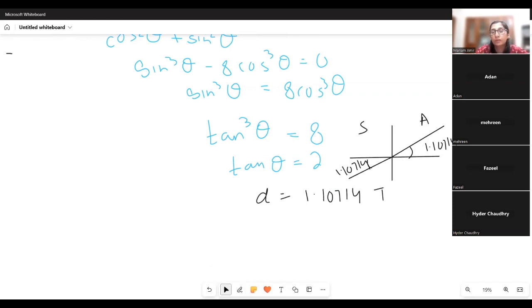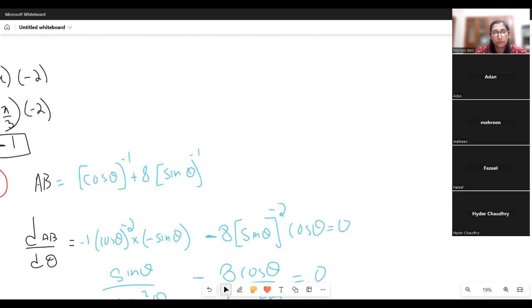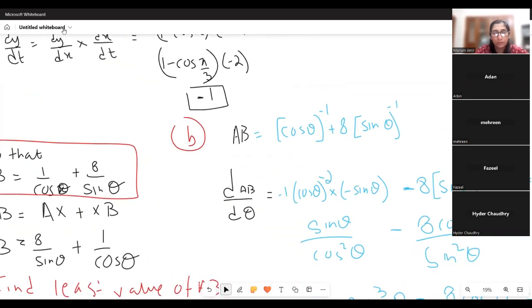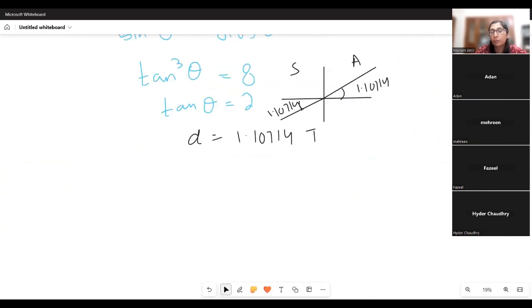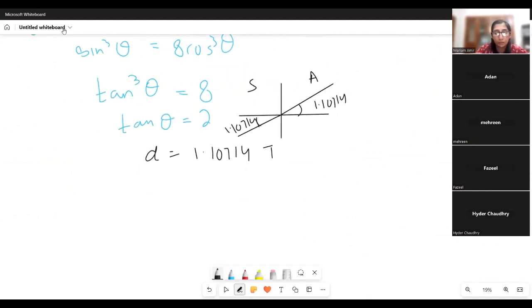However, the figure is given to us in the question, and in the figure it's very obvious that theta is an acute value. The figure is like this, here theta. So it's acute. So you only have to take the answer in the first quadrant. So that answer would be this value, which is just 1.11 in 3 significant figures.